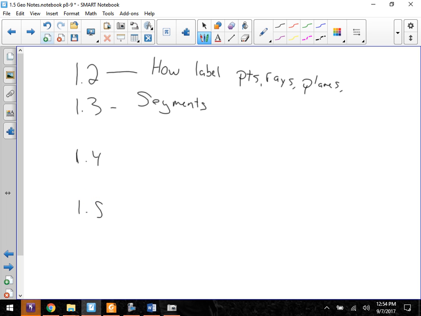When we dealt with segments, we dealt with a couple of things. We talked about adding them. Where basically it looked like this.